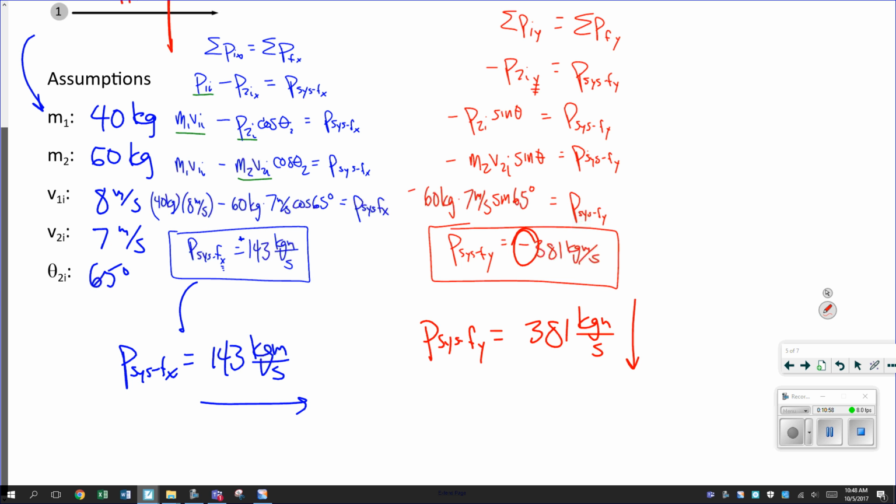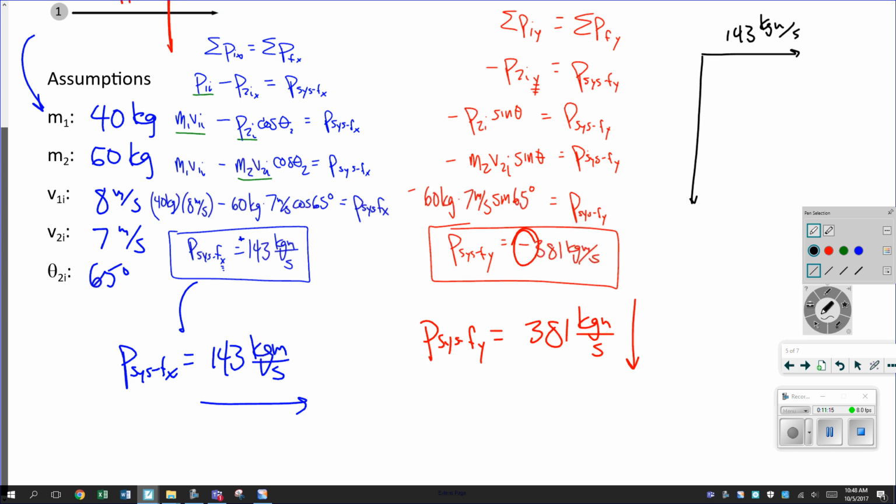So here's what I'm now equipped to do. I'm equipped to say this system has these two parts of its momentum. There's a final momentum that has a part like this, 143 kilogram meters per second, and a part like this, 380 kilogram meters per second. Is that to scale? Not really, but it's close.